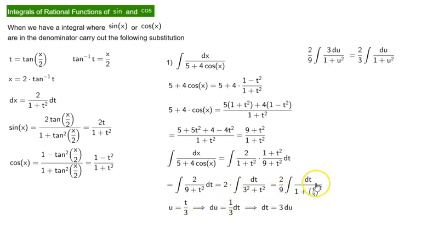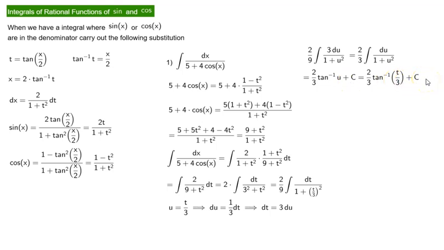So substituting it, we get 2 by 9, dt is 3 du, divided by 1 plus u square, which is equal to, that 3 we take it out, 3 3s 9, so we have 2 by 3 integral du by 1 plus u square. And we know that the integral of du by 1 plus u square is tan inverse of u plus c, which gives 2 by 3 tan inverse of t by 3 plus c, because u is t by 3.